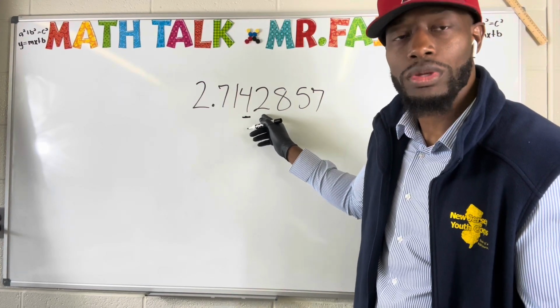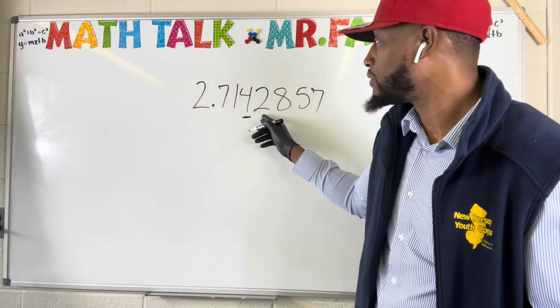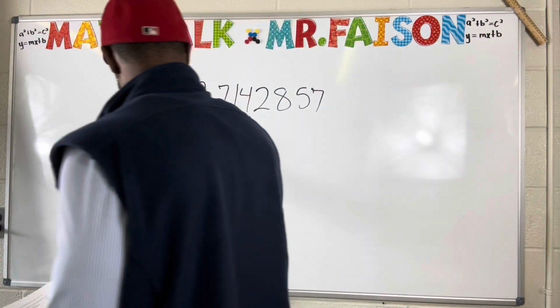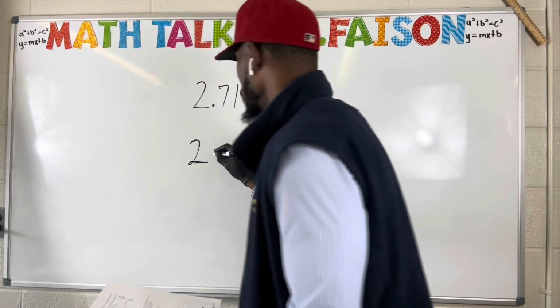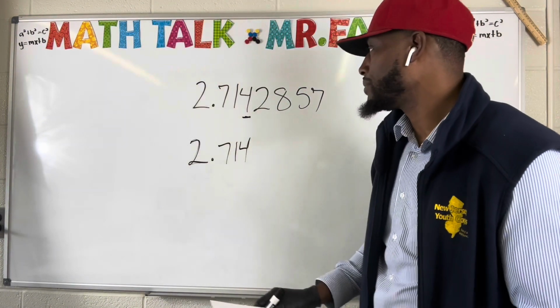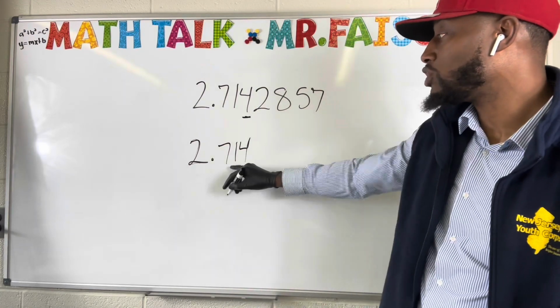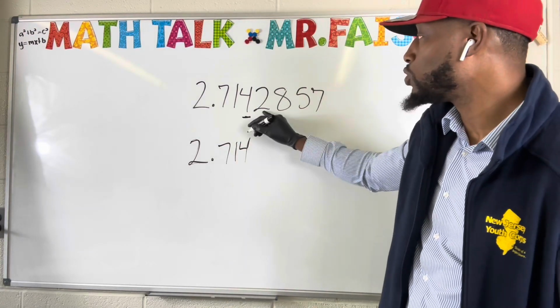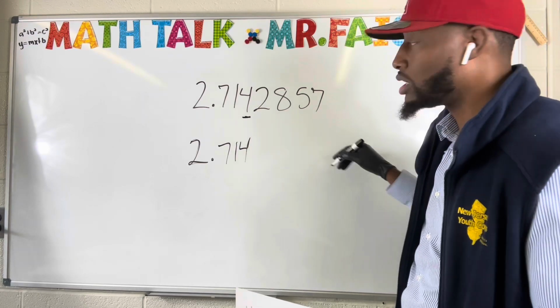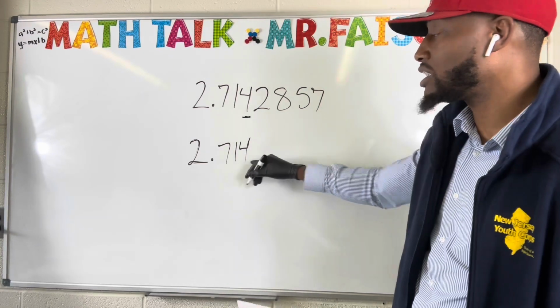So remember I said you're going to keep it the same. 2.714 is going to be the answer. So we keep it the same and everything behind it changes to zeros. So all of this back here turns into zeros.